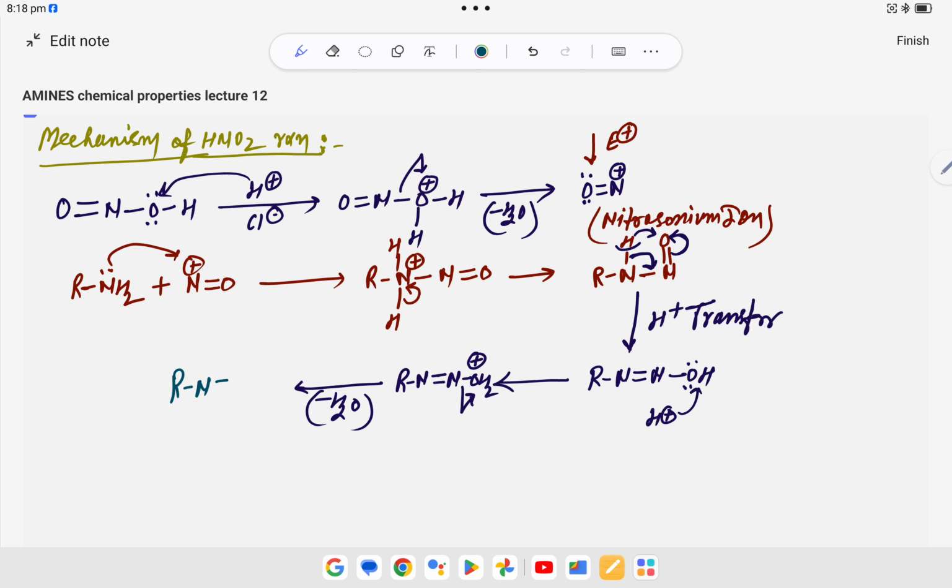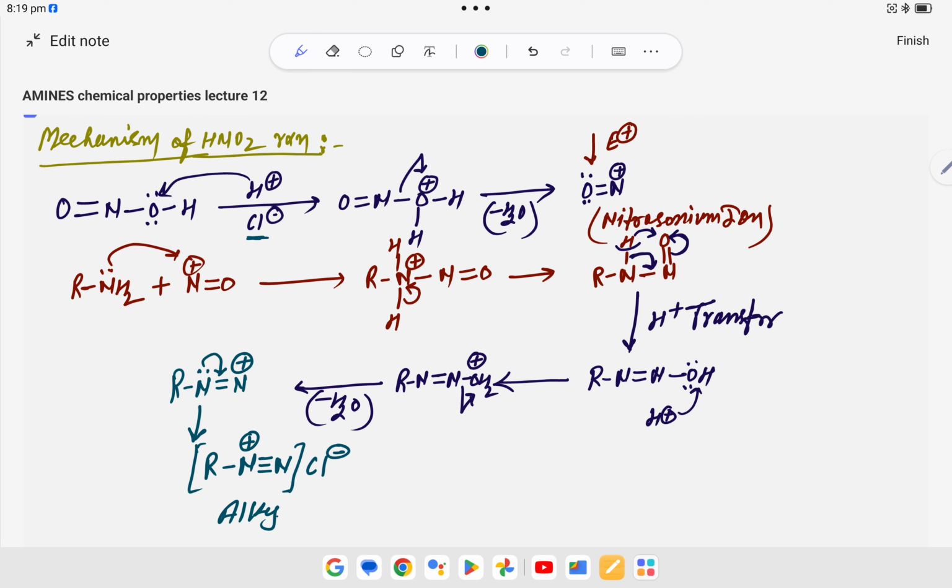RN double bond N, it is donating an electron pair, then positive sign. This time a lone pair is also there. These lone pairs shifted here, and now this nitrogen is donating, giving a triple bond, and Cl is free everywhere. This Cl will be attached.